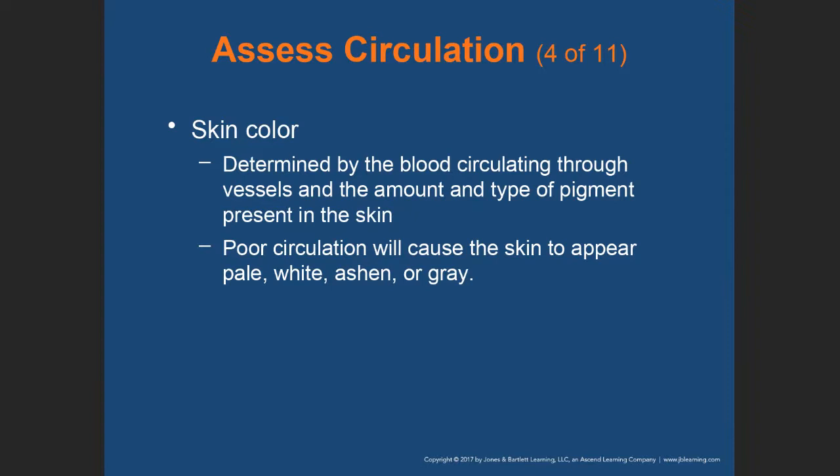So pale skin, white, ashen, you want to think about circulation issues there. When it starts to get that gray or bluish discoloration, then you start to think about oxygenation issues. So there will be peripheral vasoconstriction before you start to see cyanosis. So cyanosis is a late finding. That's not a good sign if you're seeing cyanosis.